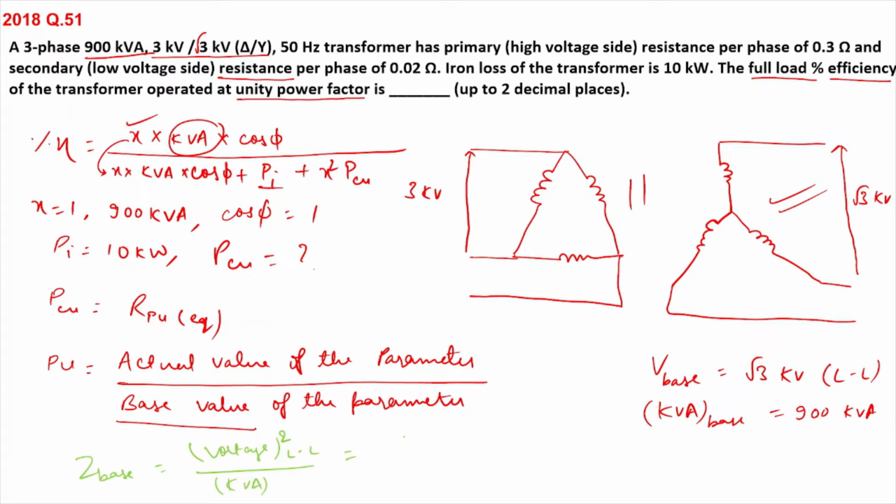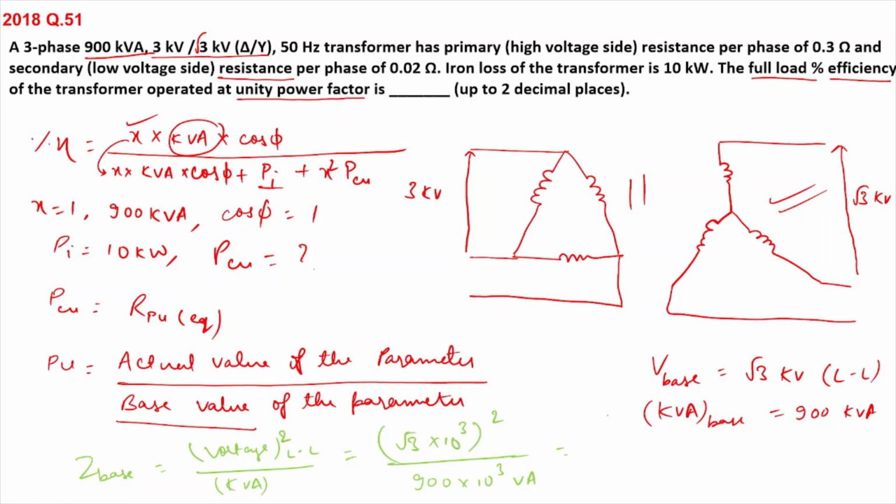So now root 3 into 10 raised to power 3, squared, divided by 900 into 10 raised to power 3 volt ampere. If you calculate it on your calculator, it would be 10 by 3 ohm. So we have calculated Z base on this side.